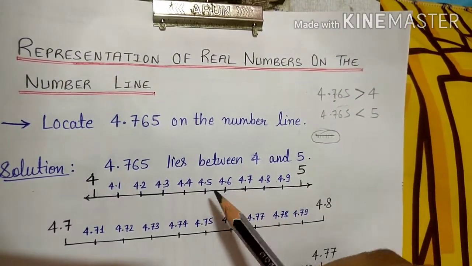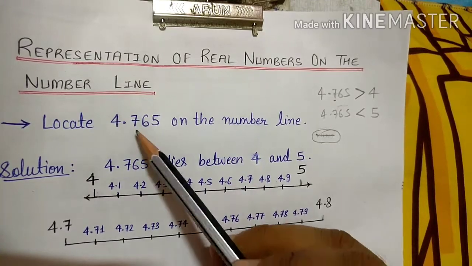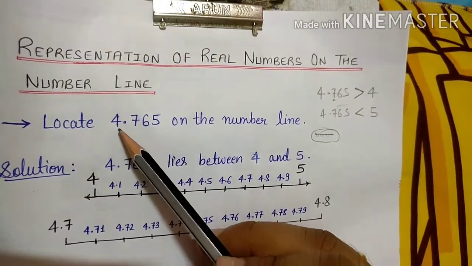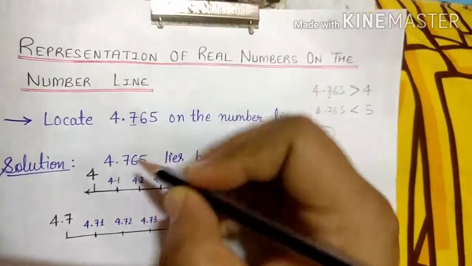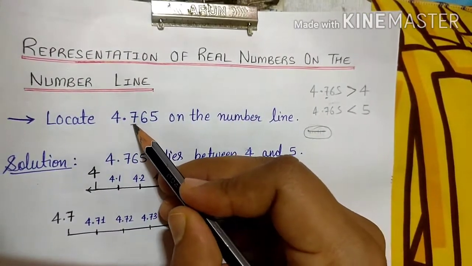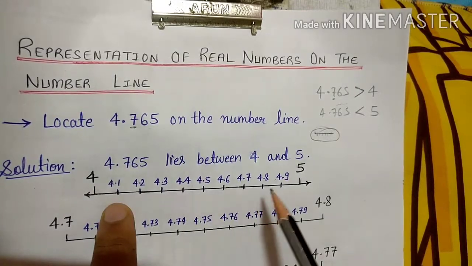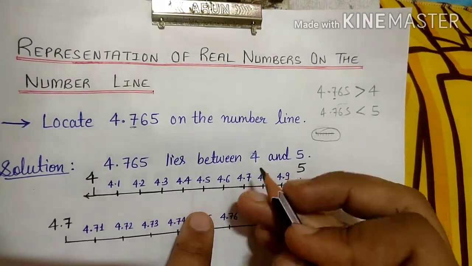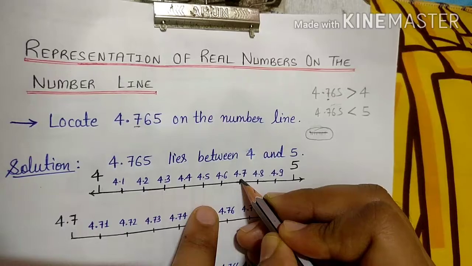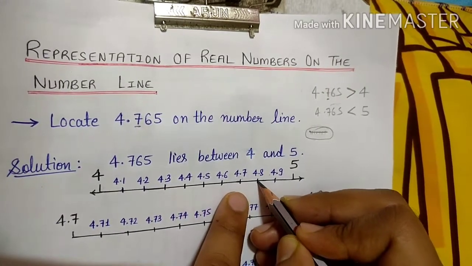When we move forward, we can find where our 4.765 will come. Just check 4.7: 7 is the first decimal place. 4.1, 4.2 are marks only. So where is 4.7? This is our 4.7, and this one is 4.8.